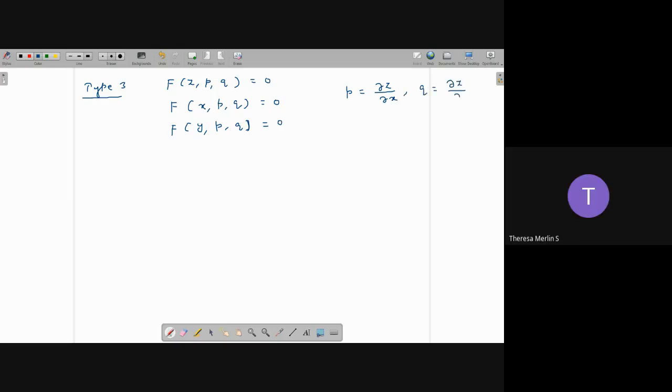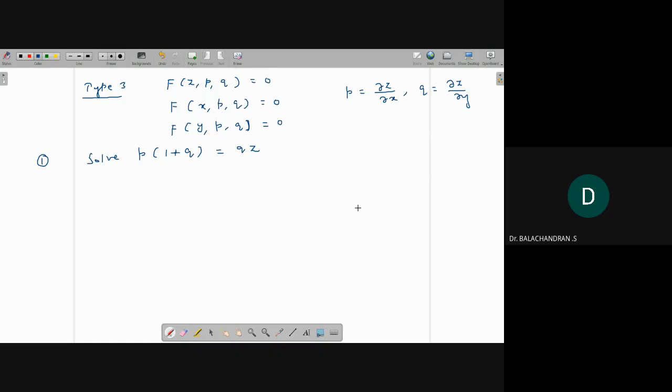And then the first problem: solve p into 1 plus q is equal to qz. So here you can see p, q and z are here, and hence this is the form f of z comma p comma q is equal to 0, and hence this is type 3.